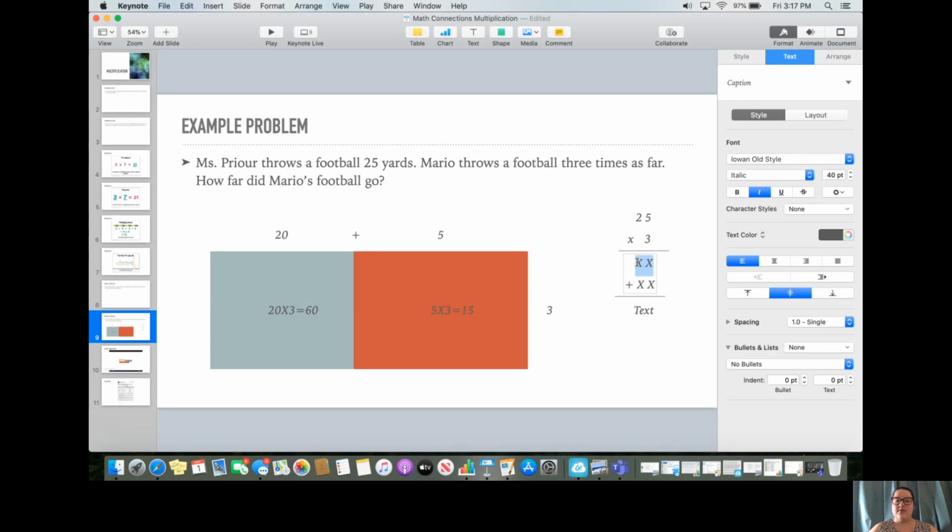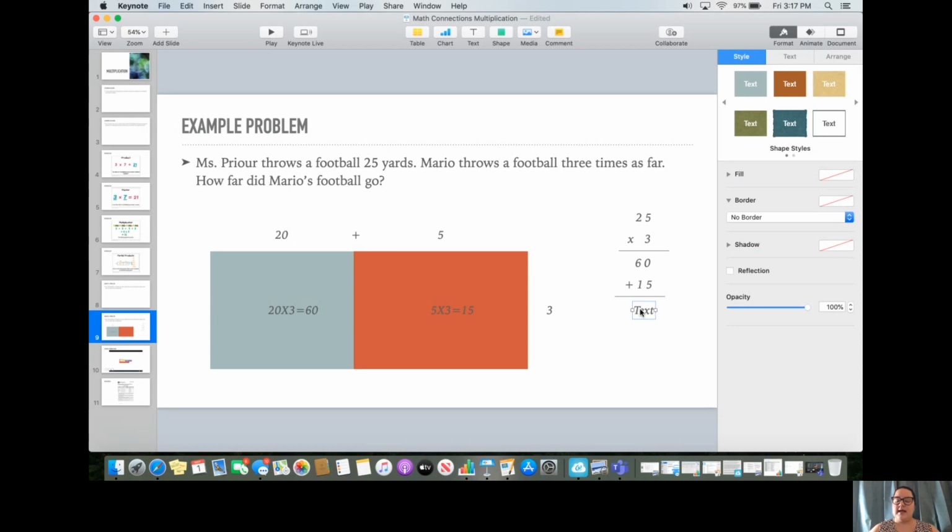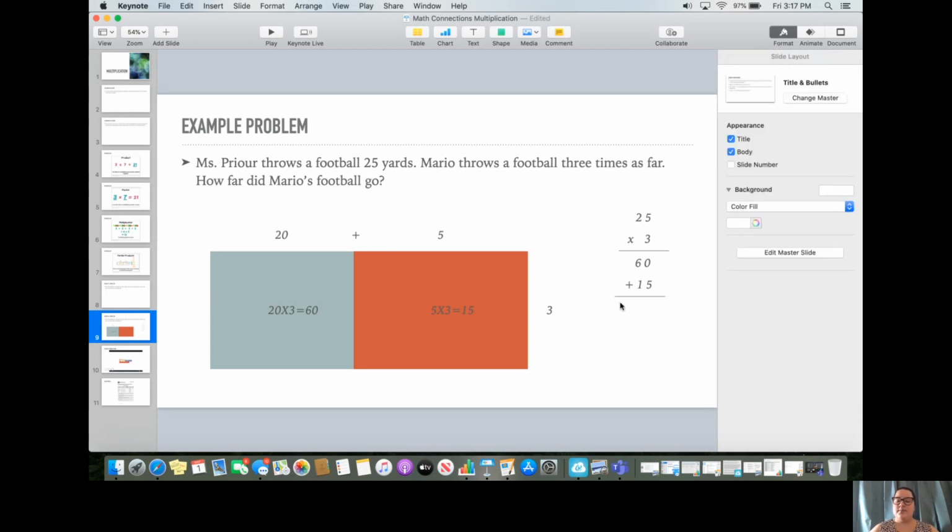Now we have to add those two numbers. We have 60 and we have 15. Now we need to add those numbers together. 60 plus 15.